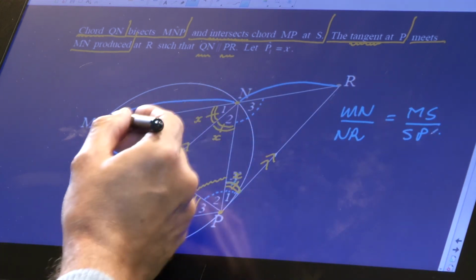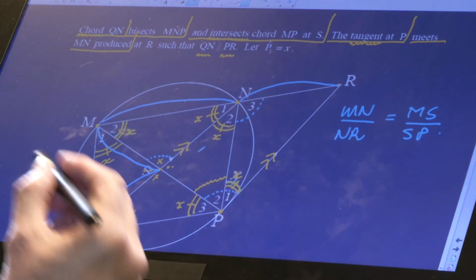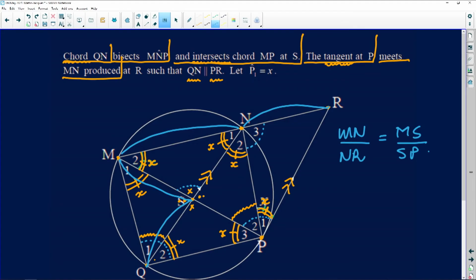And our reason is our sides are in proportion because our lines are parallel. So we're calling on the proportionality theorem that we learned in grade 12. Okay, but let's see what changed. If I look at where SP is, or SQ, it lies here, and SP, the other line, is actually there.